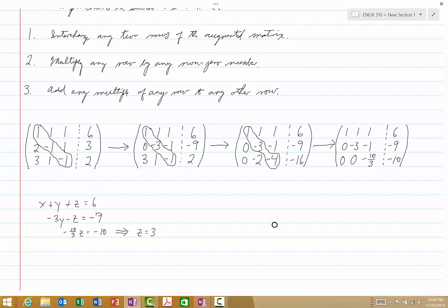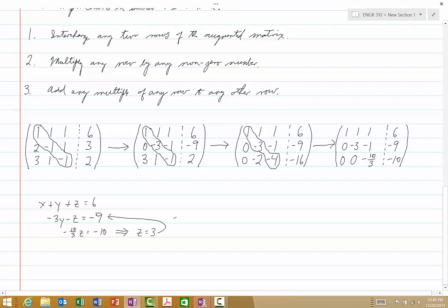Now that we have obtained z, we go backwards and stick that into the second equation, because the second equation has only y and z in it.